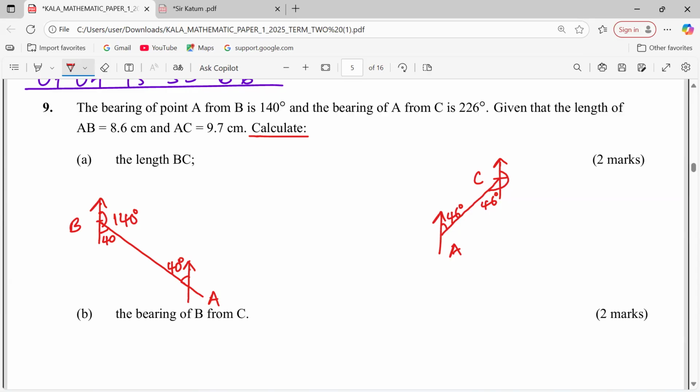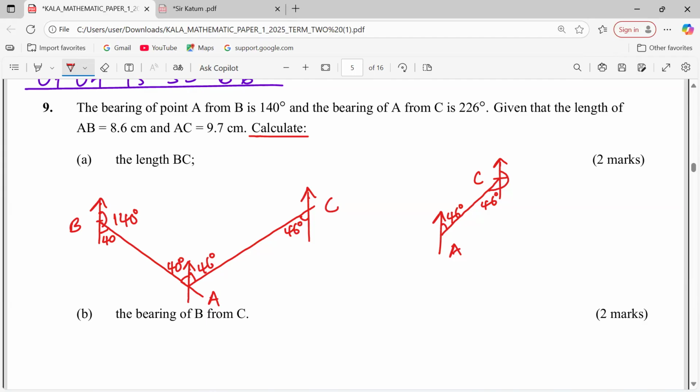So we measure 46. Yeah, it's a 46 at that point. So that with another 46 here, we'll be able to talk about 226 that way. So this is now our point C.